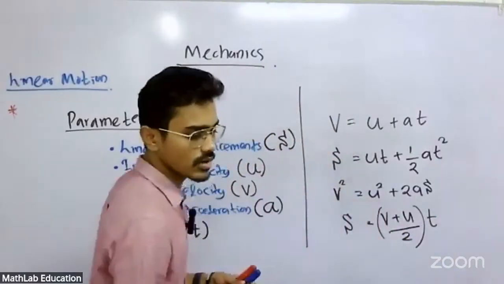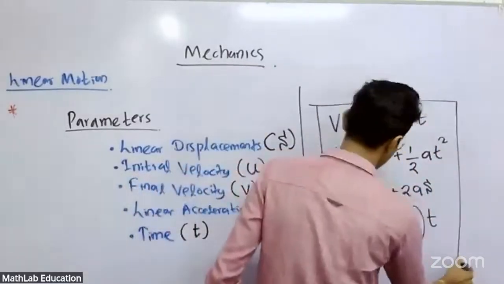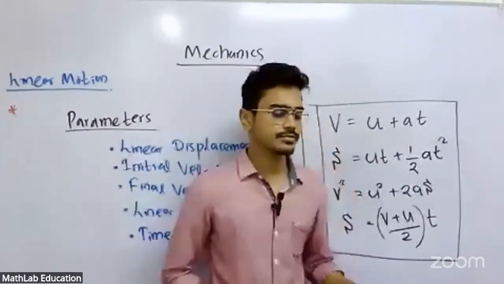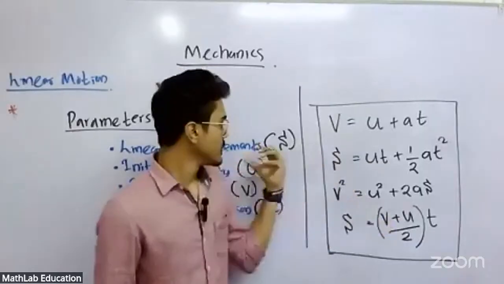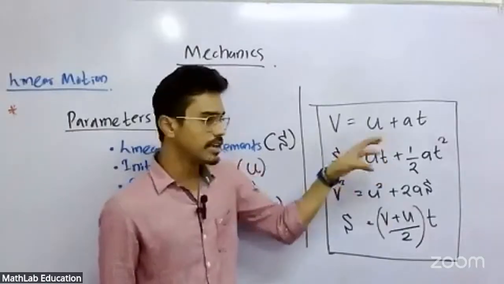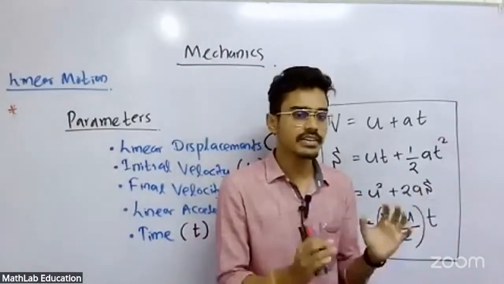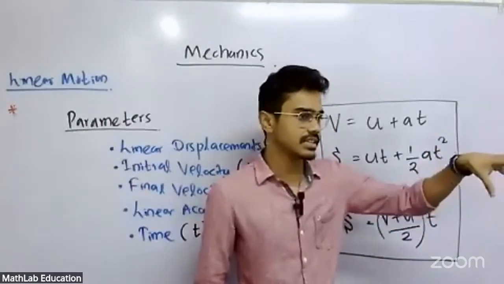So these four are called linear motion equations. Actually we have only four linear motion equations. These variables are used in the equations, which means by using these equations, we can model linear motion. We can describe linear motion and find relevant details if required.